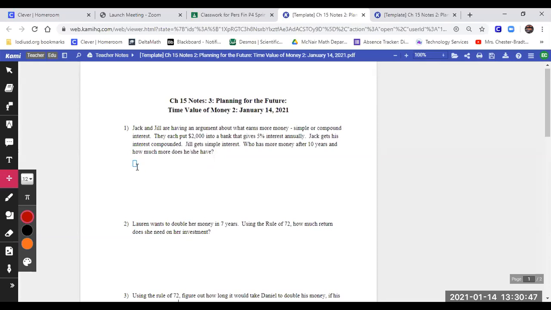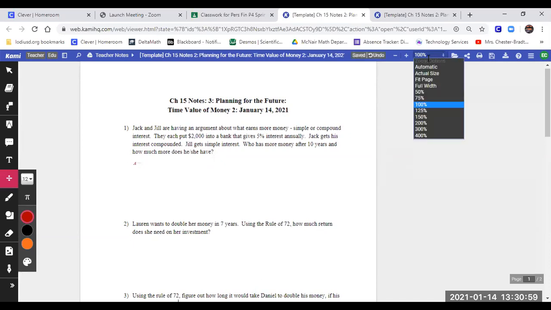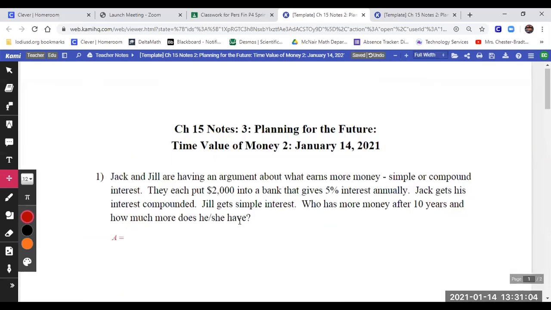Our formula yesterday, remember, was the total amount accumulated is equal to the principal times the quantity of 1 plus the rate times the time.